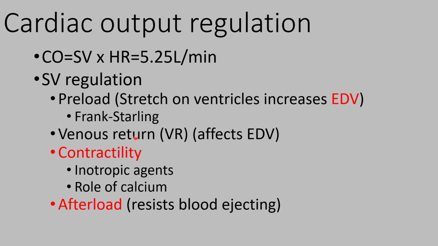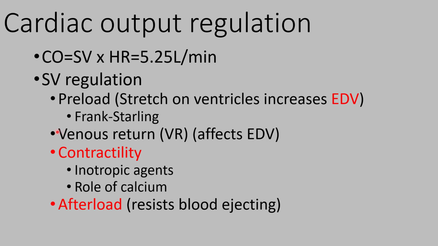If venous return increases, then end diastolic volume is going to increase. And if end diastolic volume increases, preload increases. The stretch increases. And if preload increases, stroke volume increases. If stroke volume increases, cardiac output increases.